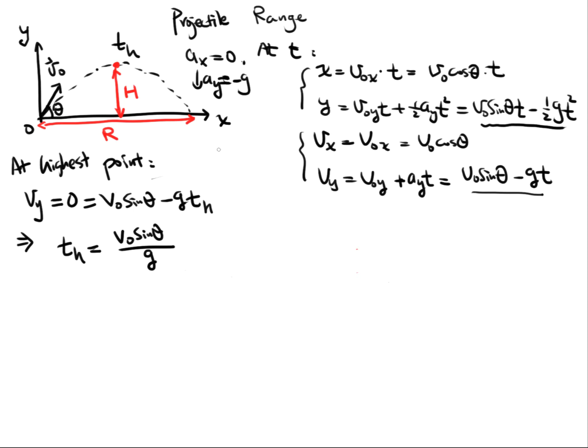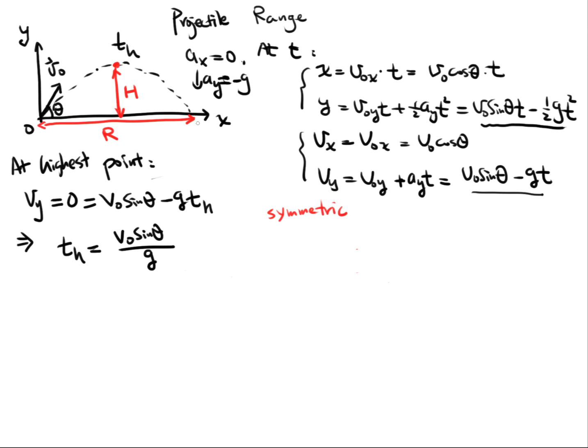Since we only talk about, in this example, symmetric projectile motion, meaning that the projectile motion is divided into two halves, and the first half is before it reaches the highest point, and the second half is after it reaches the highest point.